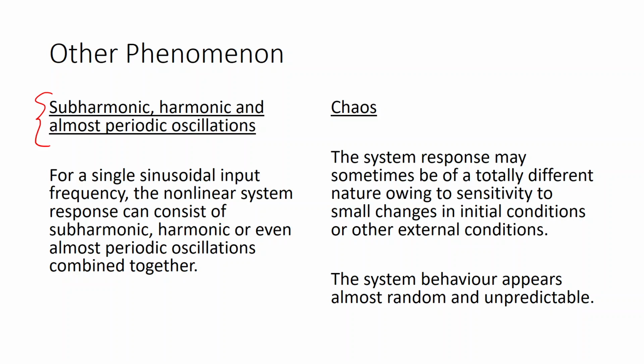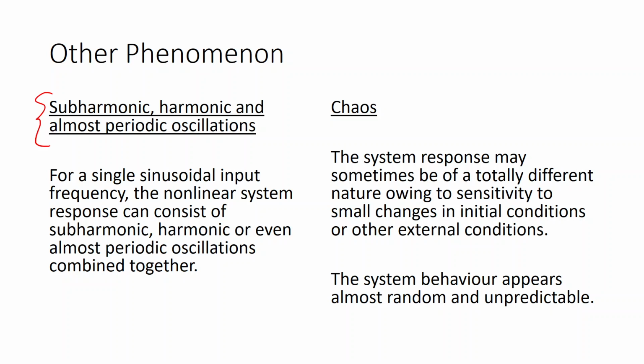Chaos is a very typical response. These sort of systems are highly sensitive to the initial conditions and other external conditions. It is so sensitive that a very minute shift in the system's initial conditions or the external environment gives an entirely different response, and it appears that the system behavior is almost random and unpredictable.